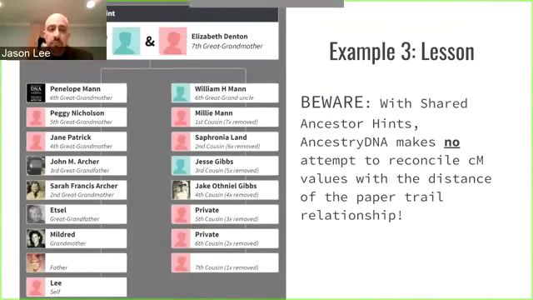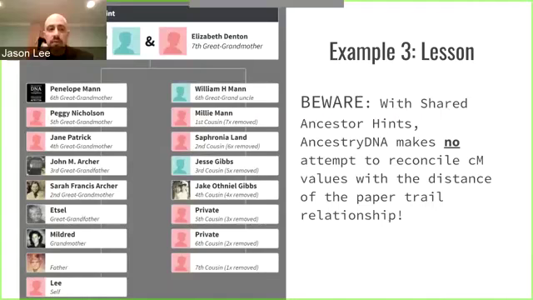And of course, I think there are a lot of people who are aware of the fact that when you get a shared ancestor hint, you need to verify the paper trail. I think that's very well known and very well understood. People repeat that often, and they emphasize the fact that shared ancestor hints are, after all, only hints.